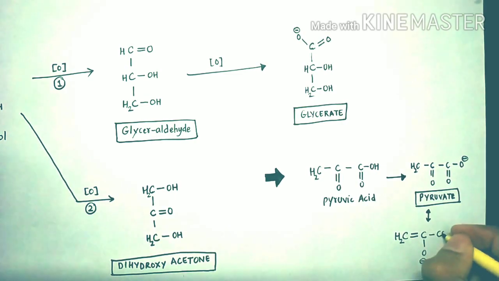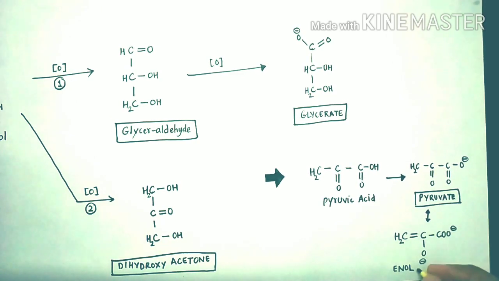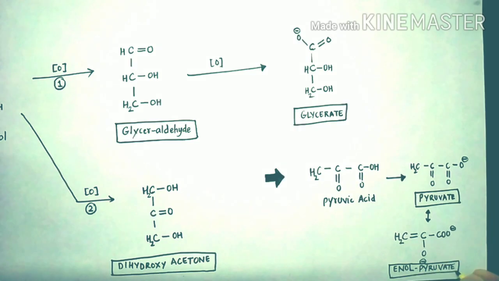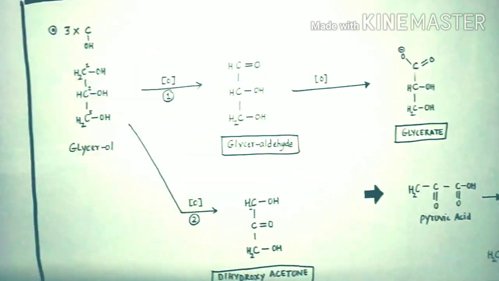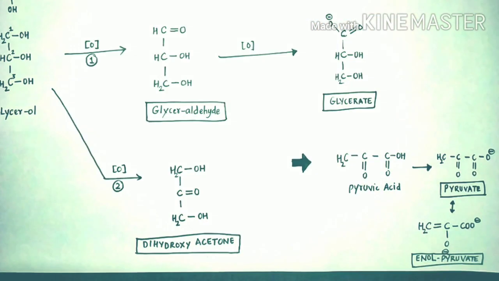Thus, its enol tautomer also exists, which is CH2 double bond C-O minus, COO minus, and it is called enol pyruvate, which is our final intermediate. So we have seen the structures of 6-carbon intermediates, glucose and fructose, and 3-carbon intermediates, glyceraldehyde, dihydroxyacetone, glycerate, pyruvate, and enol pyruvate.